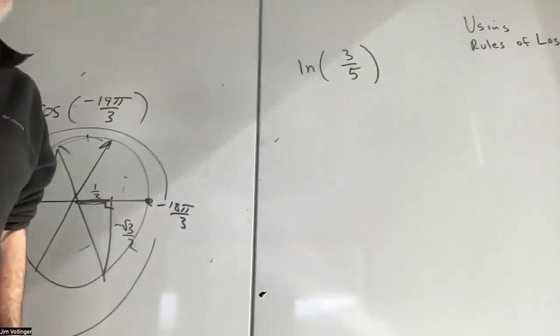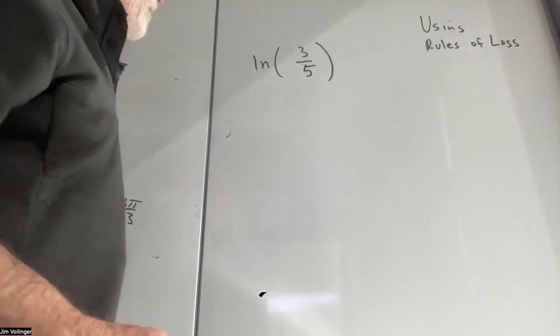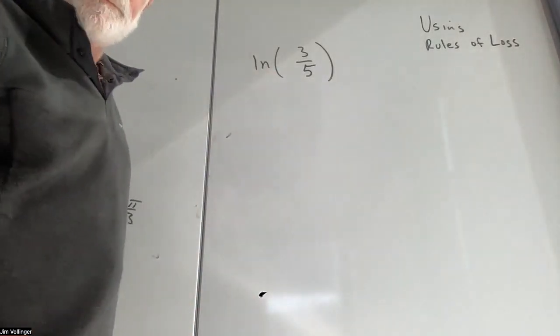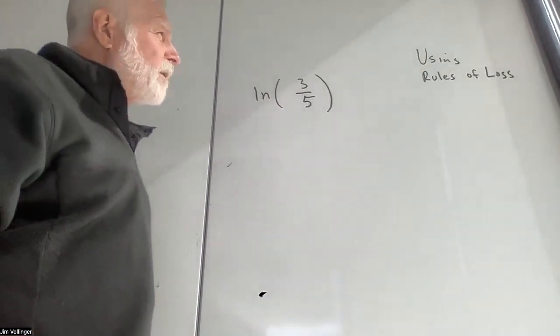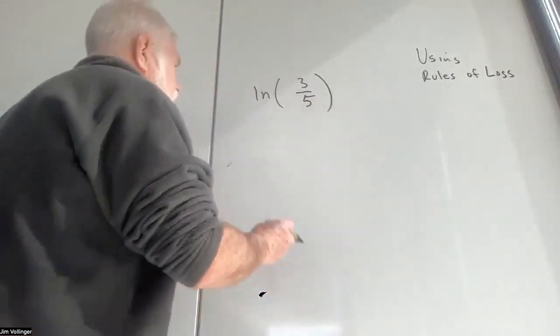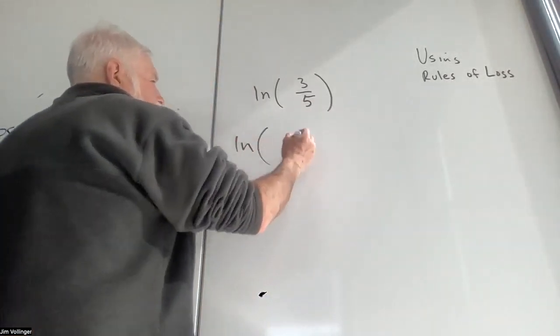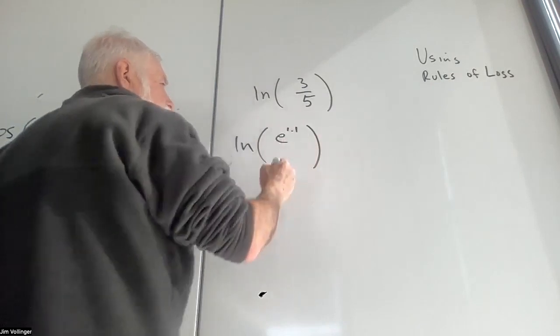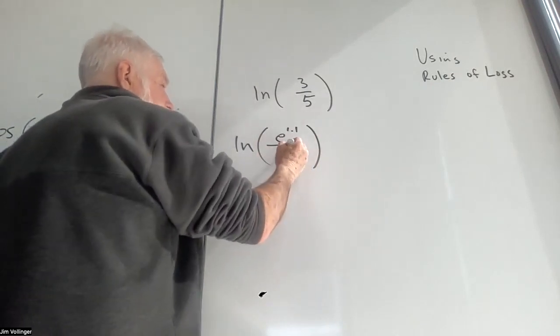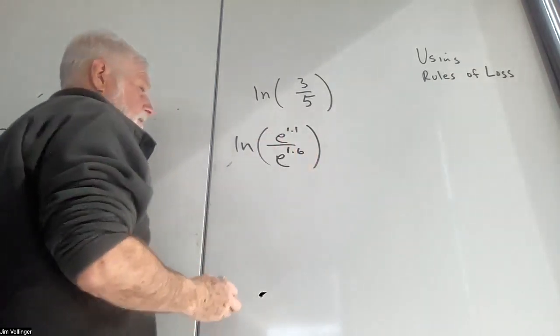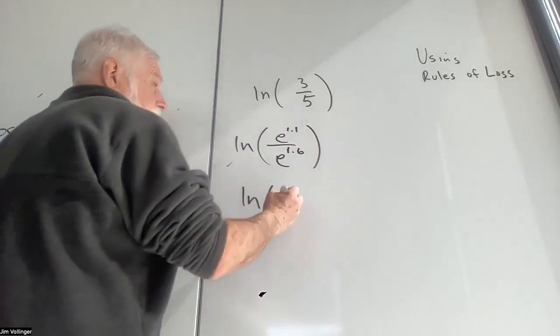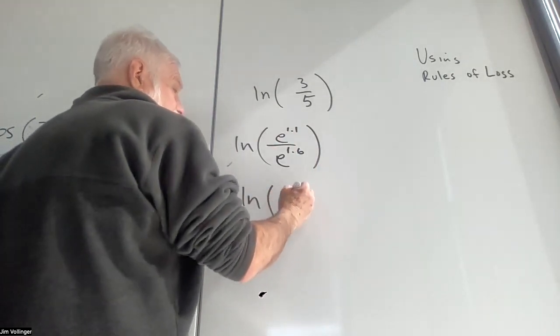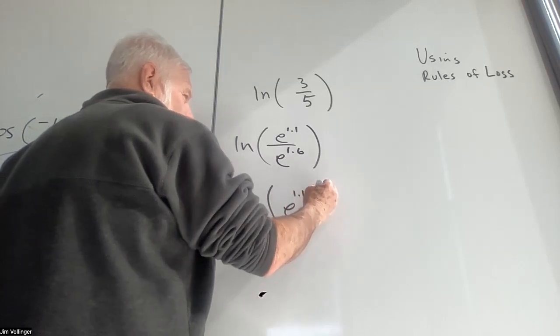Last 2 problems that we're going to do. We're going to do the ln of 3/5 organically. And then we're going to look at the rules of logarithms. So this is the ln of 3, which is e to the 1.1. 5, we're just learning 1.6. And so that's ln of e to the 1.1 minus 1.6.